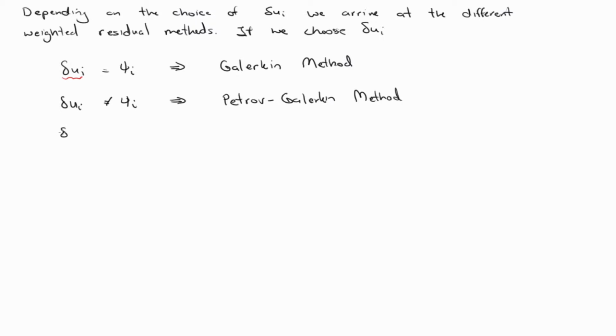If I choose the test function to be equal to essentially the right-hand side, with the approximation space plugged in, then I get what's called a least squares method.